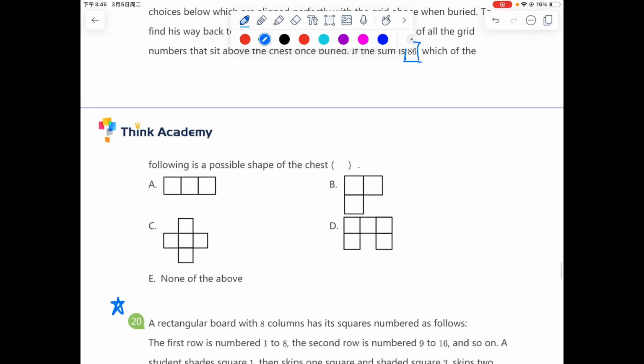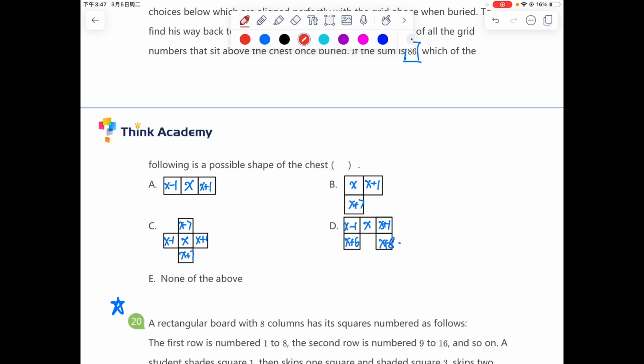If this one is x, then x minus 1, x plus 1. This one is x, x plus 1, x plus 7. This is x, x plus 1, x plus 8, x minus 1, x plus 6. And this one is x, x minus 7, x plus 1, x minus 1, and x plus 7.